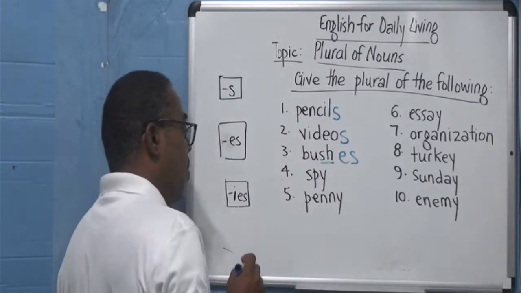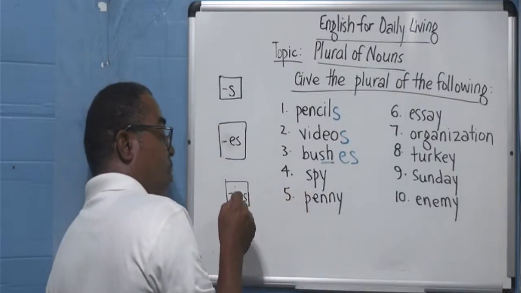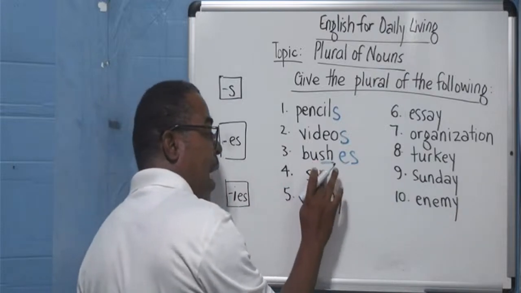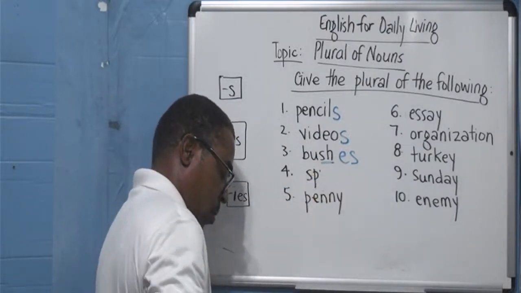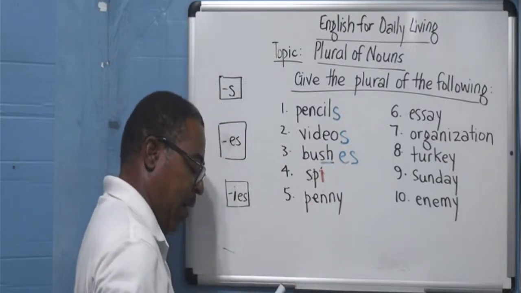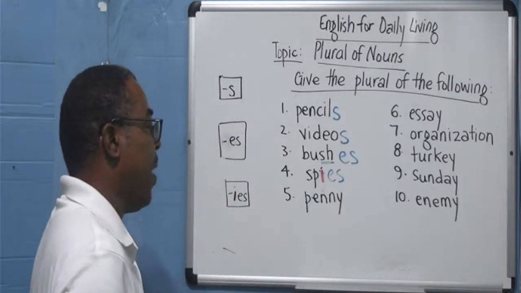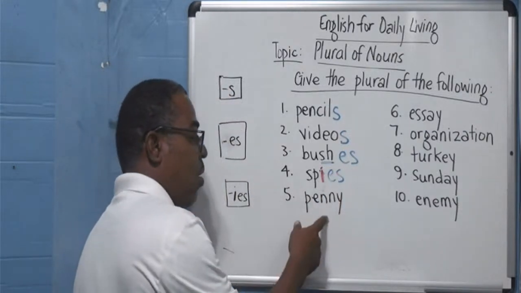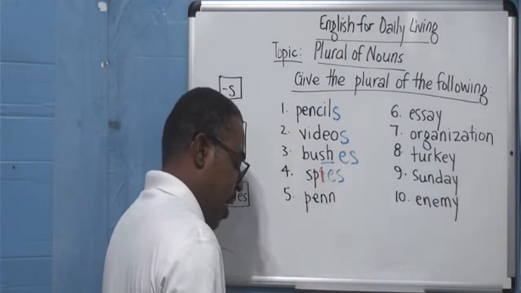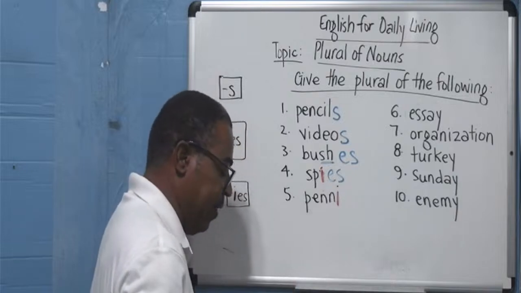Spy, we spoke about the third category, changing the Y to I. Change the Y to I, and then we add ES, spies. Penny, same situation here. Change the Y to I, and then go ahead and add ES, pennies.